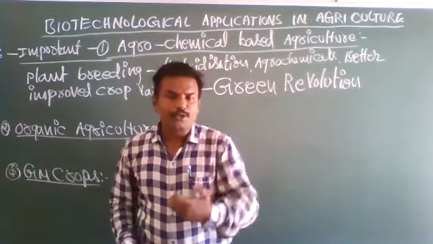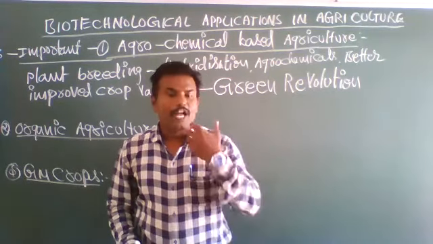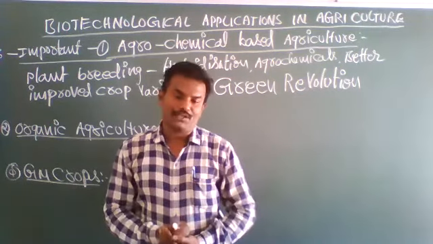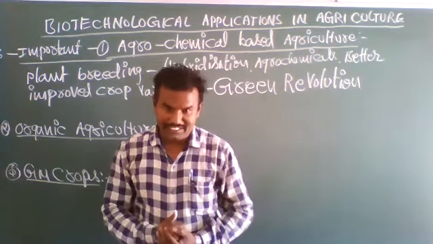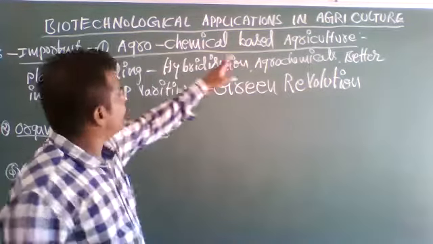Crops need to be produced for the ever growing population without scarcity or deficiency. So that is called agrochemical based agriculture.